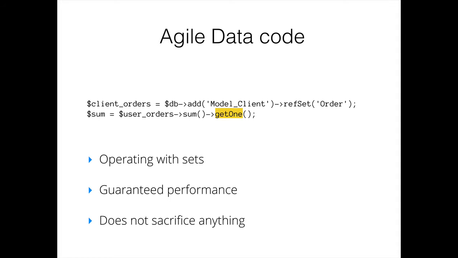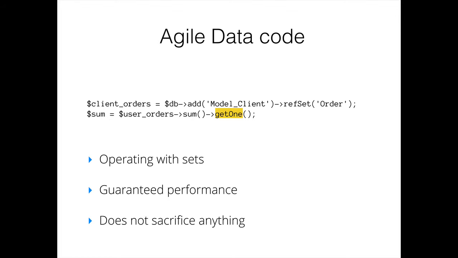And once we have this data set, we can call a sum operation, which gives us back an action to be executed inside our database, but it's not. Until this point, we haven't done a single query. And when I call get1, the single query will be executed in a database, and it will just give me the number.